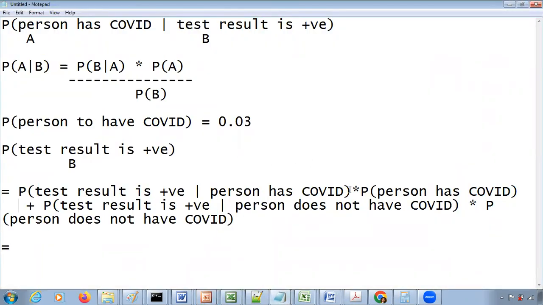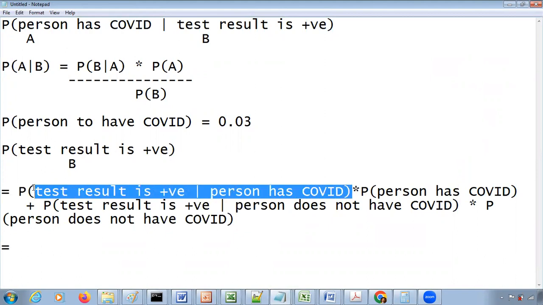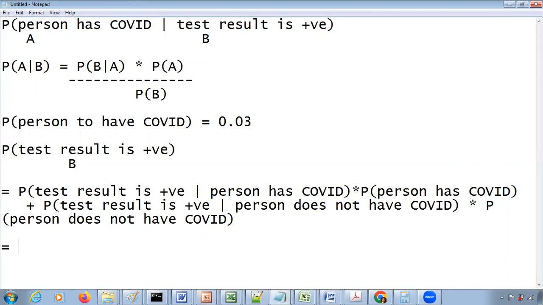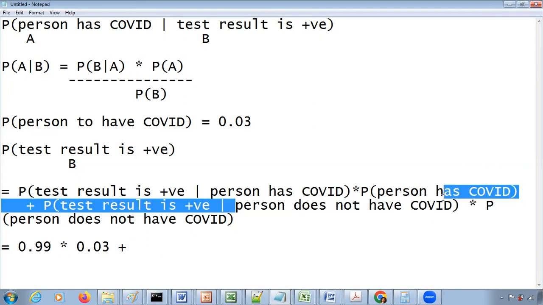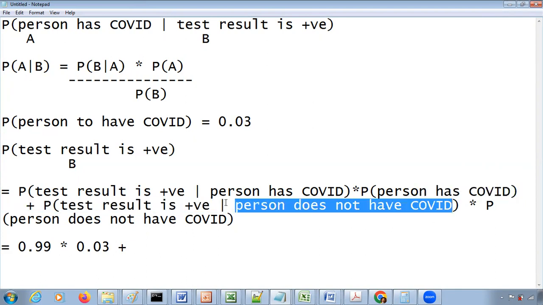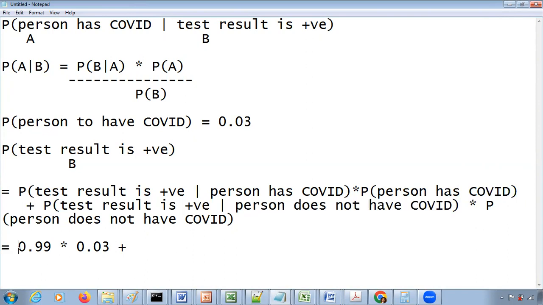So this term, if someone has COVID, the probability the test result is positive, is the accuracy term 0.99, times the probability someone has COVID, 0.03. Plus, if the person does not have COVID, what's the probability the test result is positive? If a person does not have COVID, the result should be negative, and that will happen 99% of the time, 0.99.